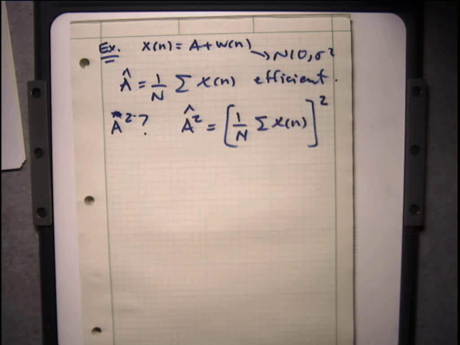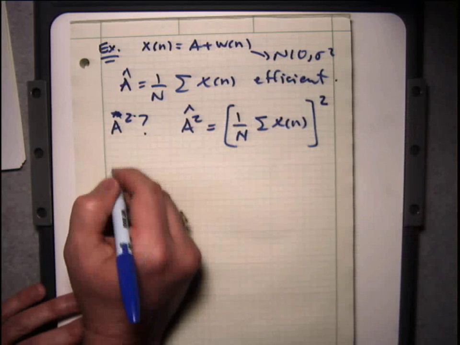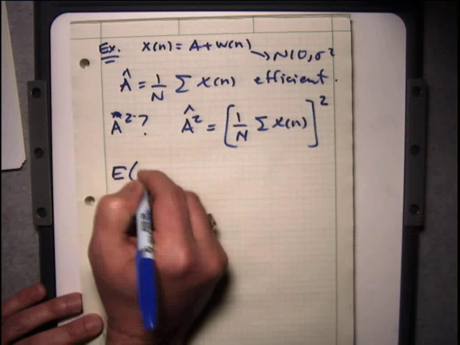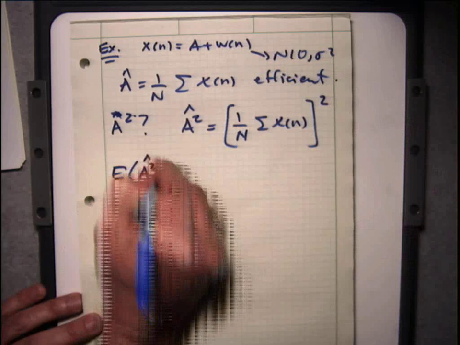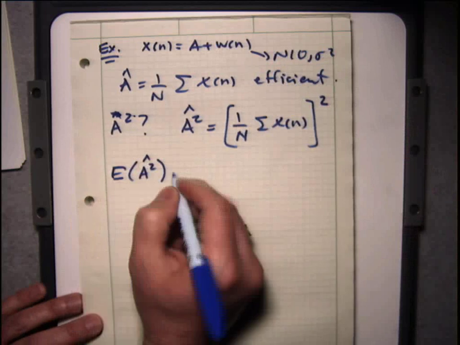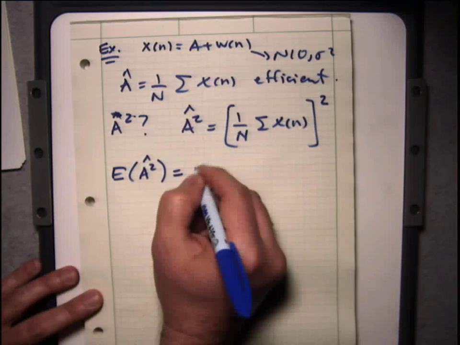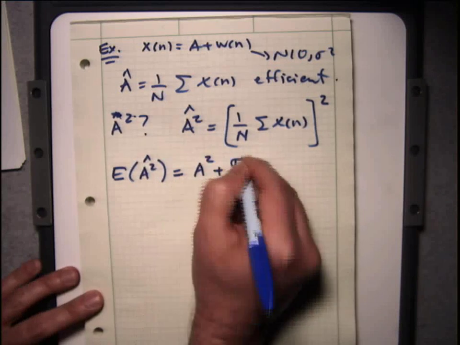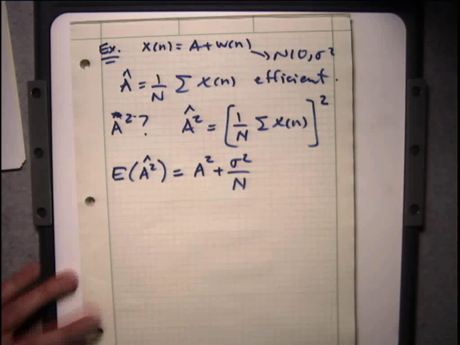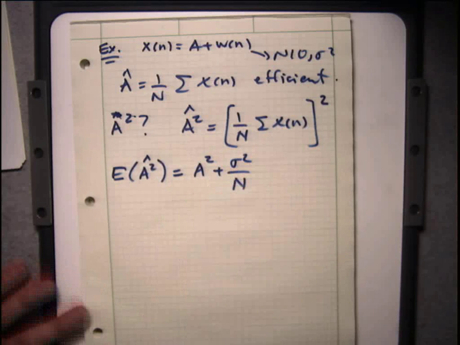What happens here? Let's take a look at the expected value of this estimator. I'm not going to take you through all the calculations, but I'll show you that this is a squared plus sigma squared over n. So immediately you see there's a problem.